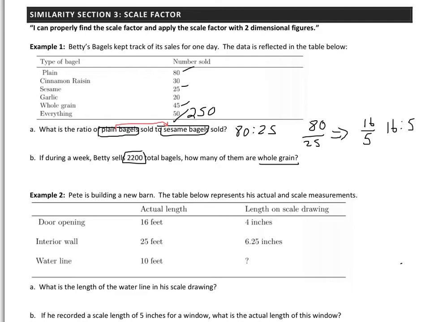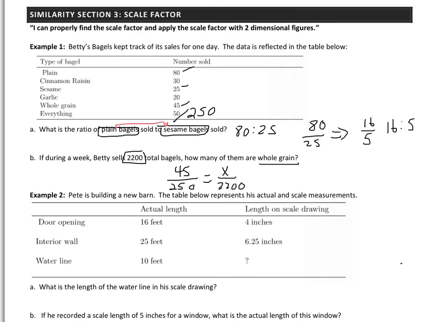So if I go 45 bagels out of the total bagels sold in one day, that's why we have the total 250 and why we calculated that. That should be proportional to an unknown amount of whole grain bagels over 2,200 total bagels sold. That ratio should be consistent.